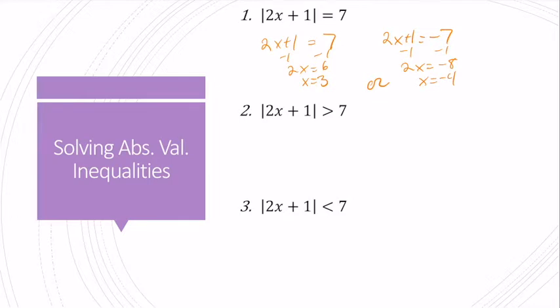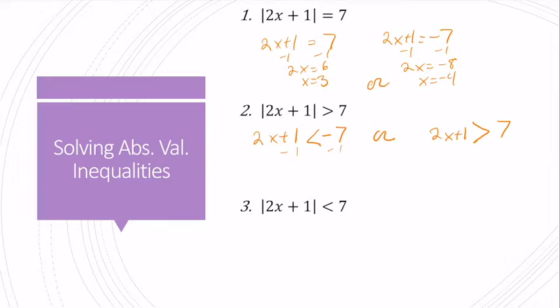Next, I have the absolute value of 2x plus 1 is greater than 7. Greater than, we're going to use or. So I've got 2x plus 1 is less than negative 7, or 2x plus 1 is greater than 7. One or the other.